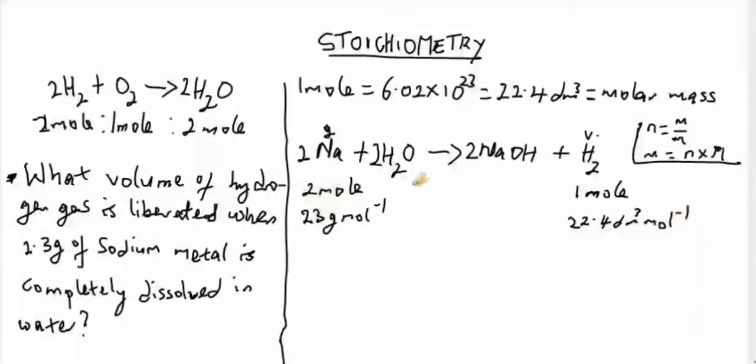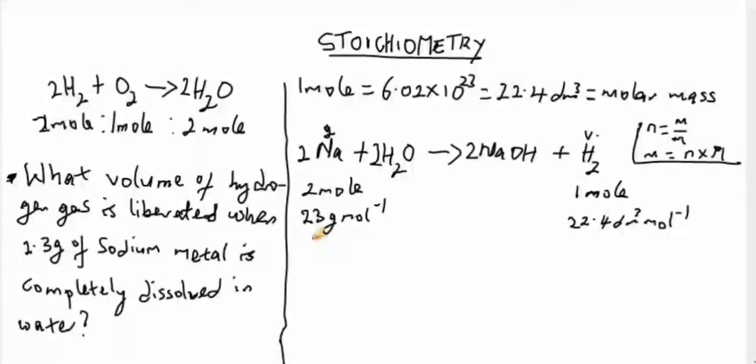Now, in order to make it suit it here, we know that mole equals mass over molar mass. In order to convert to mass, we simply multiply mole and molar mass. That is to say 2 moles times 23.